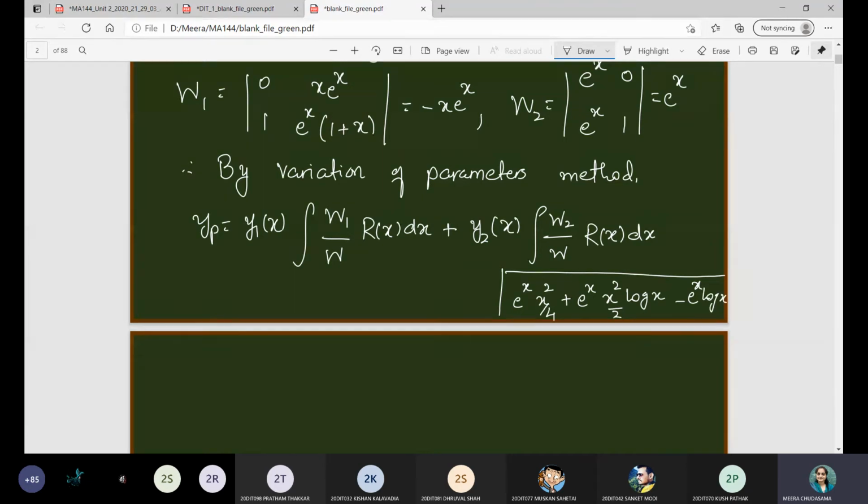Okay, into x, into x. Yes, in the last term. Yes. Okay. How many of you got this as the answer? Please raise your hand. I am talking about the particular integral.